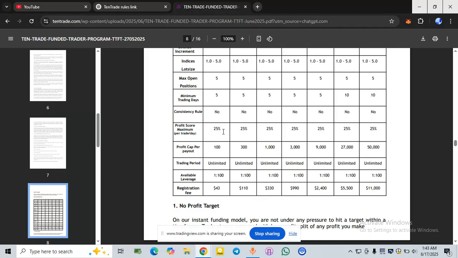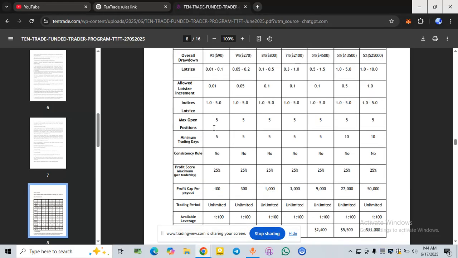So if, let's say for example, you are targeting $100, which is what you should be targeting in a 1k account, you should try and make anything below $25. Because if, let's say for example, day one you make $30, day two you make 25, day three you make 25, day four you make 25, you have like $115.